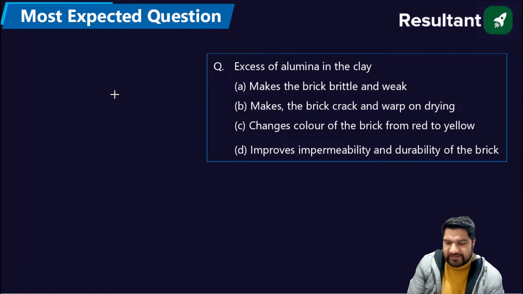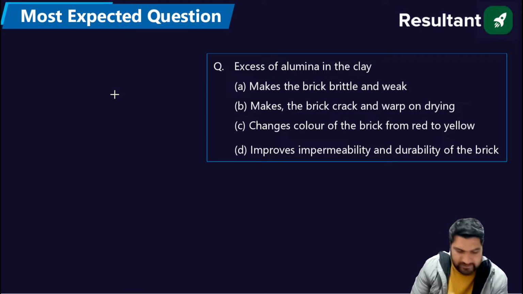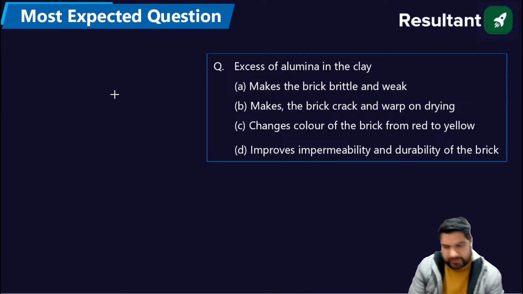So excess of alumina in the clay makes the brick brittle and weak. What? So first one is silica. Silica will do one thing. Okay, I'll write down.